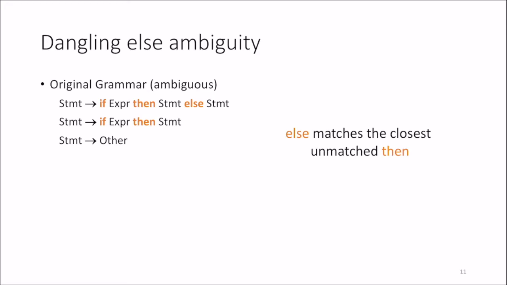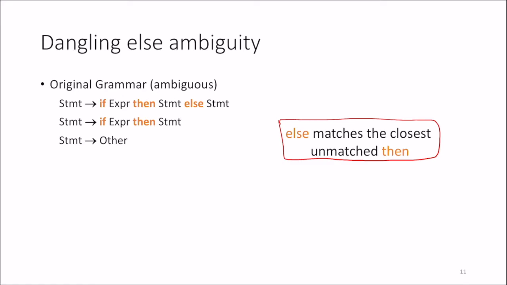So when we want to deal with this dangling else ambiguity, what we need to do is provide some kind of rule. The rule we had for arithmetic expressions was that we used precedence and associativity. What can we do for ambiguous grammars like this one, which is dealing with structures like if then else? A reasonable thing to say is that the else matches the closest unmatched then.